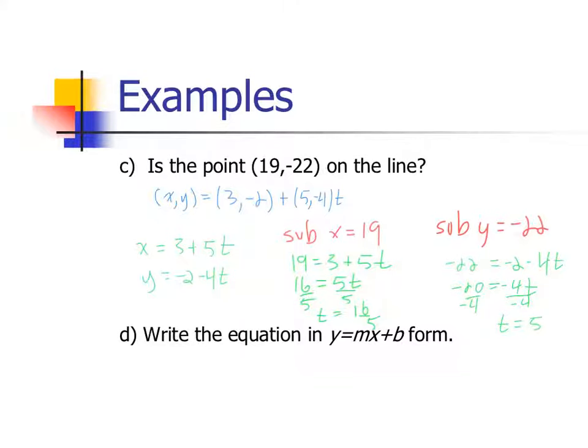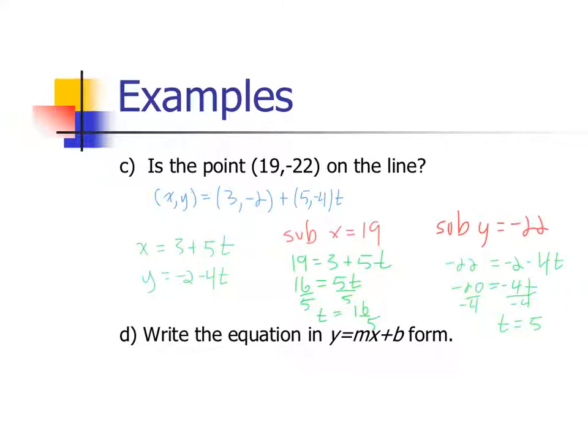So what we notice here is that they are not the same. The point is not on the line because the t values are different. If the t values were the same, it would have been considered on the line.